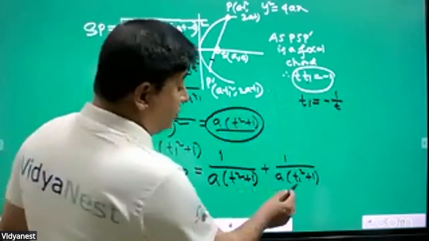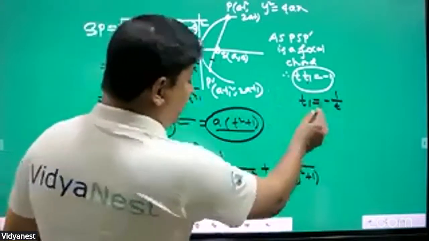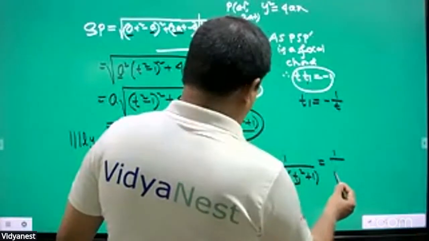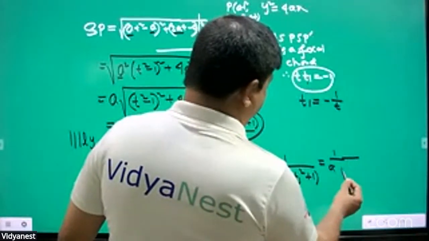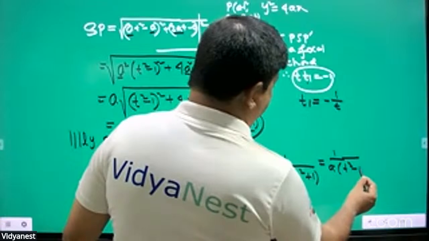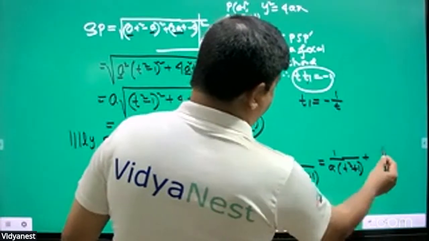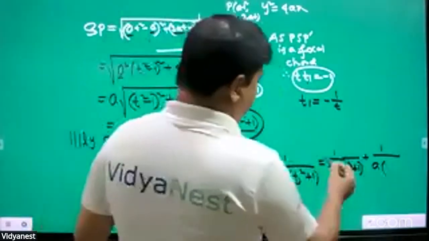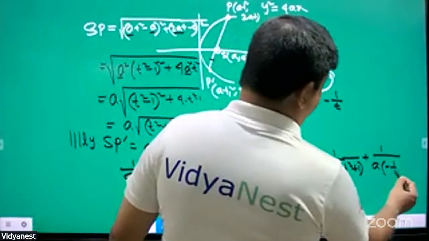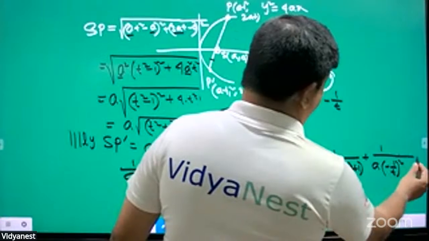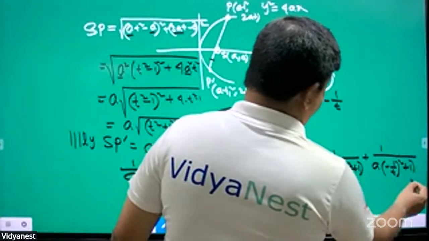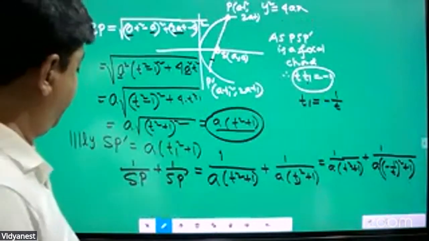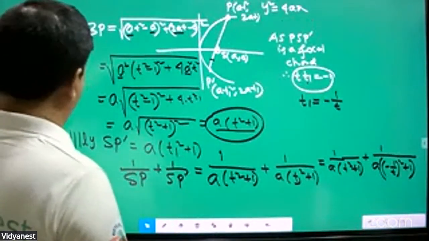So instead of this t1, you replace minus 1 by t and see the outcome. 1 by a(t square plus 1), 1 by a, instead of t1, you put minus 1 by t. How does it help?